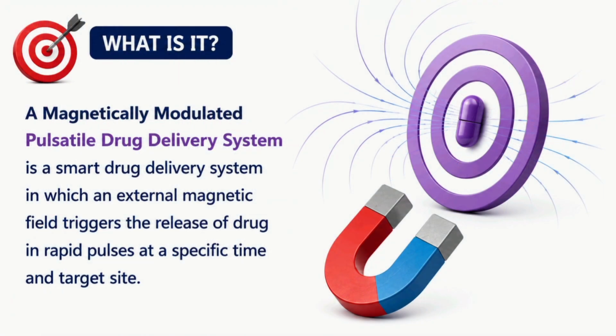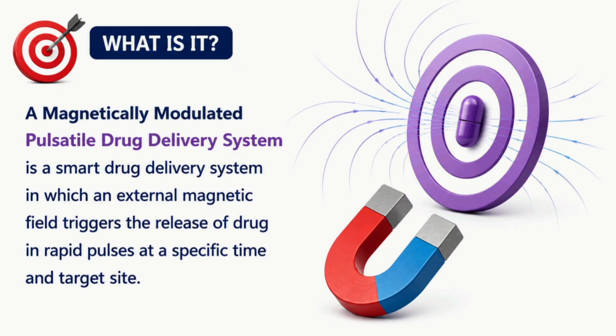So what is it? Now let's understand the definition. A magnetically modulated pulsatile drug delivery system is a smart drug delivery system in which an external magnetic field triggers the release of the medicine at the desired time and the desired target site. Think about insulin.